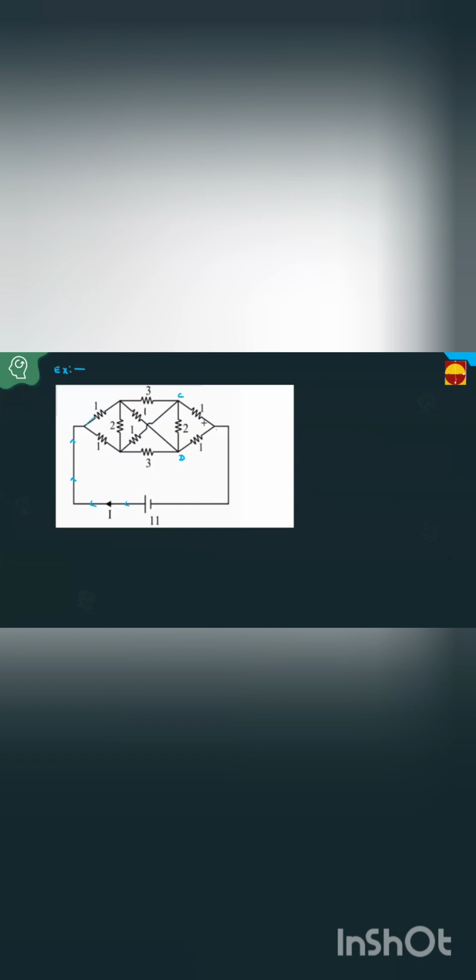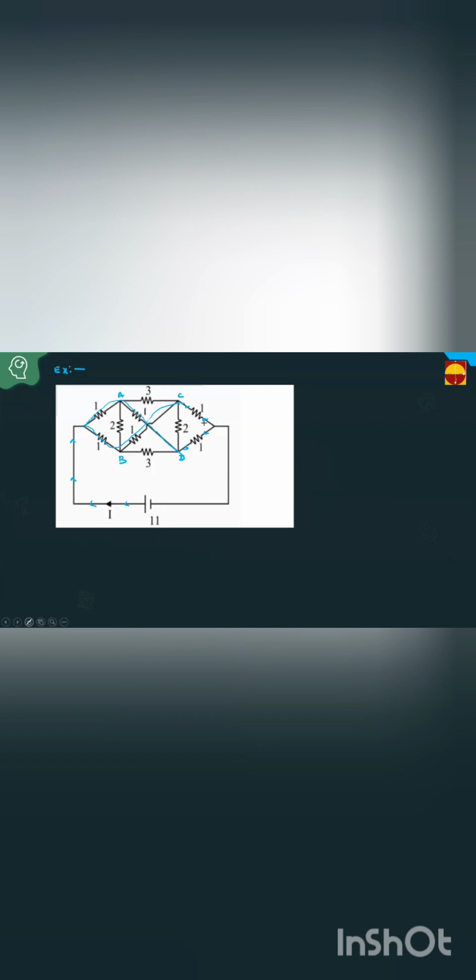If you see from the negative terminal side, to reach this 1 ohm, and from the positive terminal side, from this path to this path, it is 2 ohms. The same resistance is offered in both paths, 2. Then A and B are equipotential points.